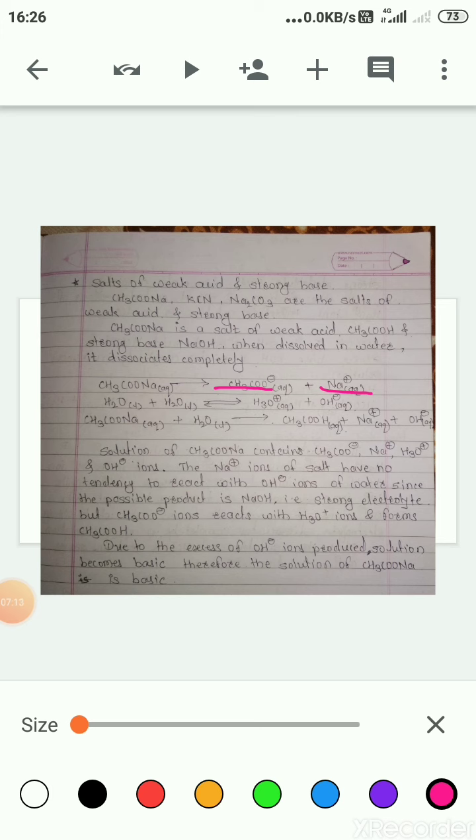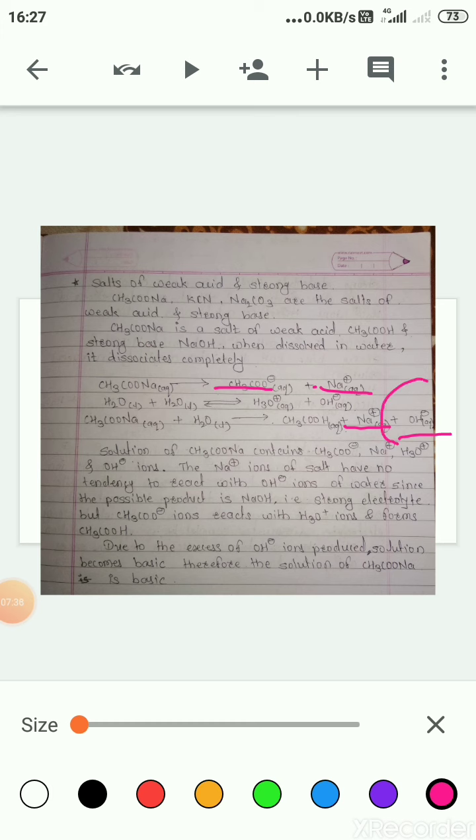On the other hand, if Na plus combines with OH minus ion, it produces sodium hydroxide, which is a strong base, or we can say a strong electrolyte, and as it dissociates completely, it again produces Na plus and OH minus ions in solution.